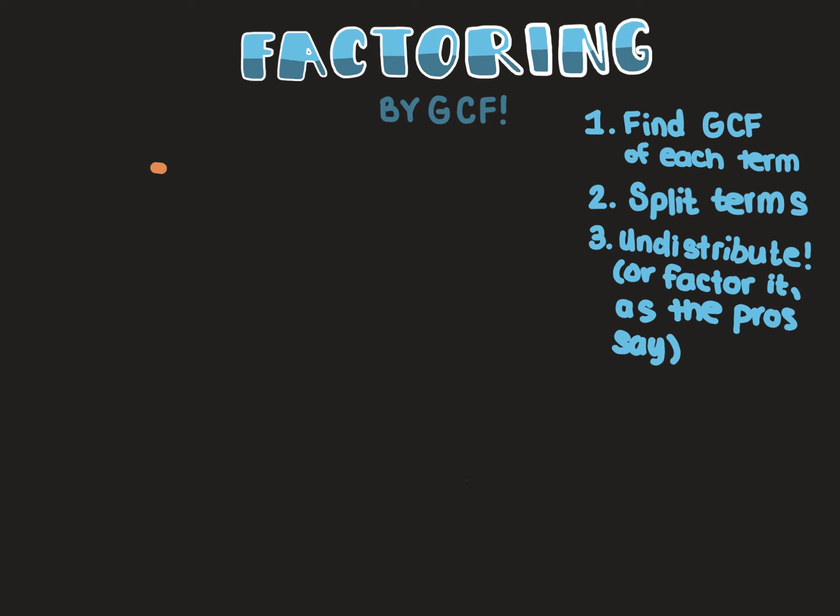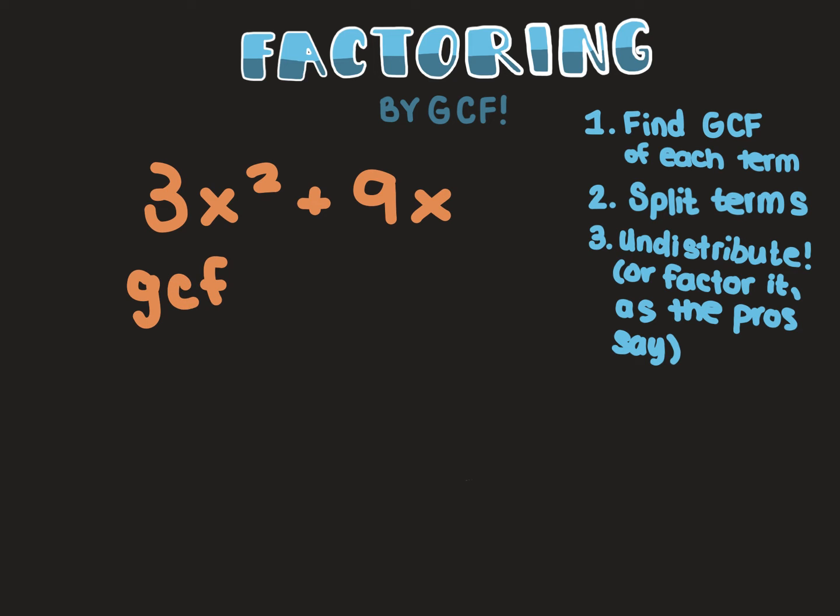So let's say that we have 3x squared plus 9x. So first step is to find our GCF of each term, right? So it looks like our GCF would be 3x. So then we can just factor out the 3x, or we can split the terms, but I'm just going to skip that step. And we can go straight to factoring out the 3x.